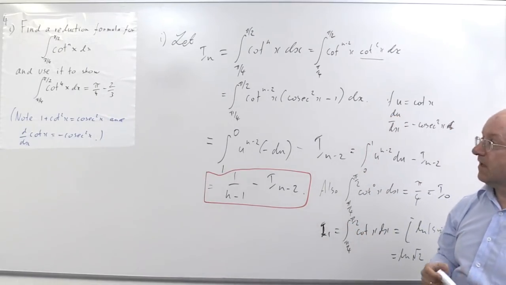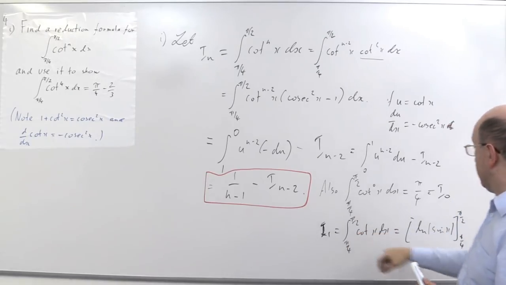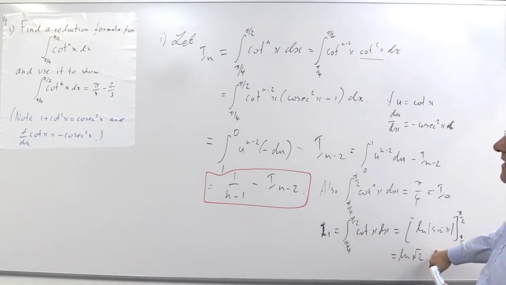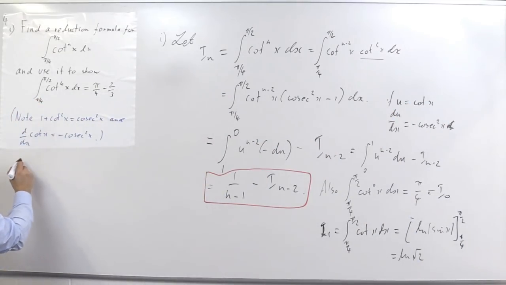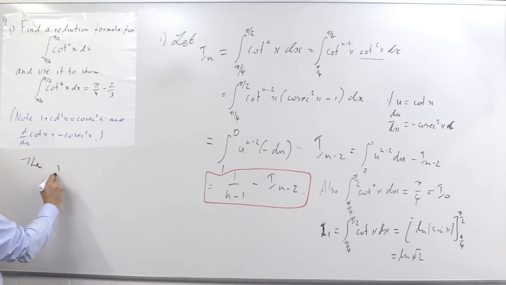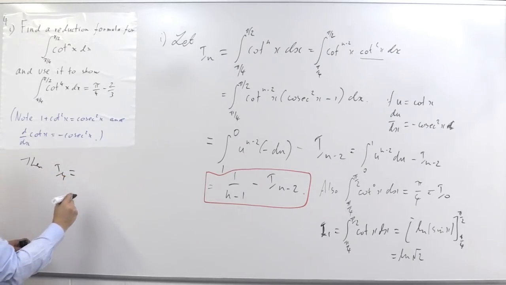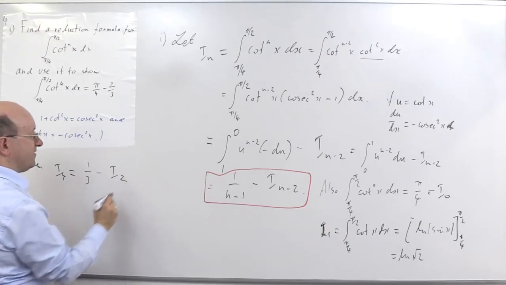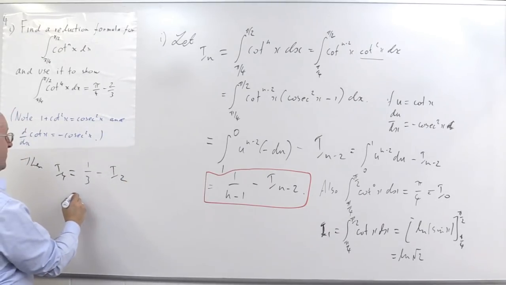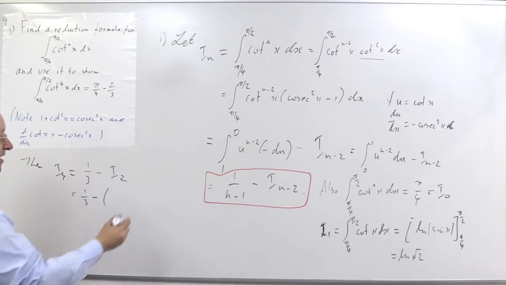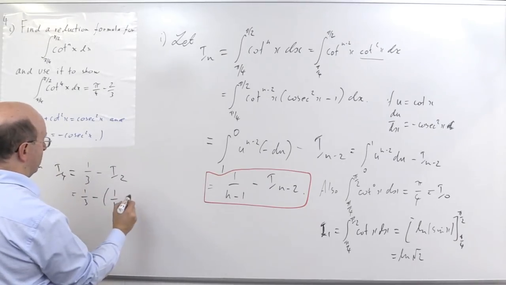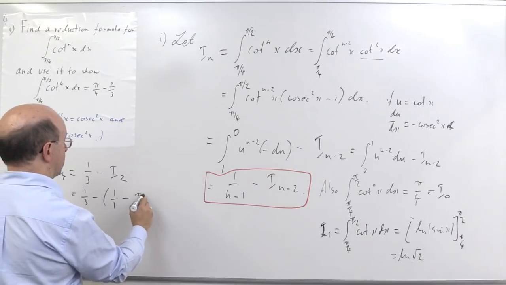As I say, we don't need I1 for the example we've got. We want I4, so let me just put this over here. I4 is going to be 1 upon 3 minus I2, which is 1 upon 3 minus, well, we just use the same formula again, of course, 1 upon 1 minus I0.